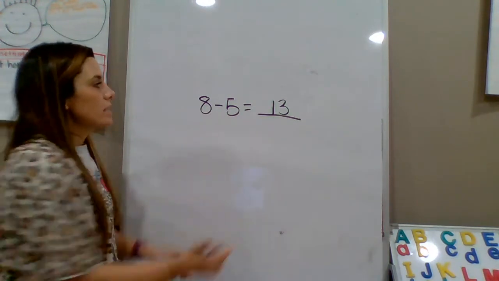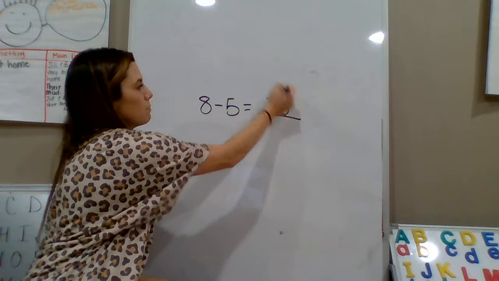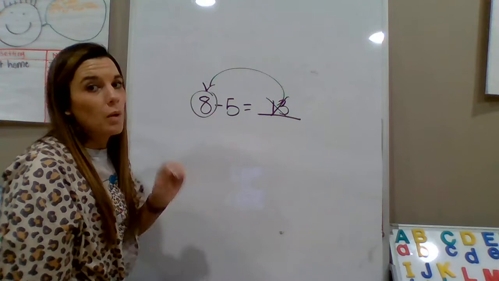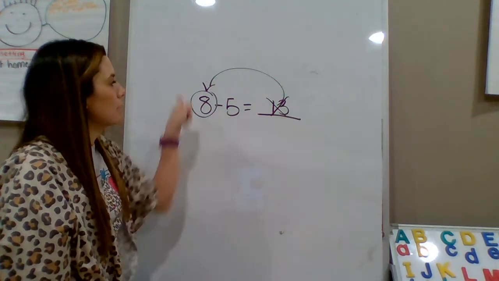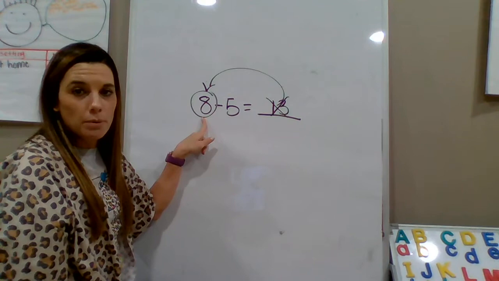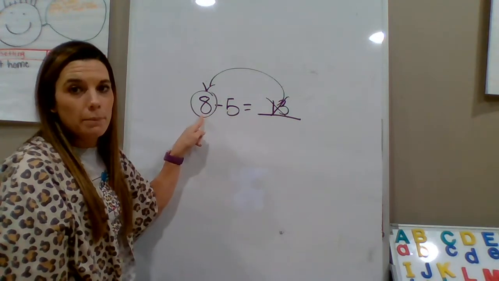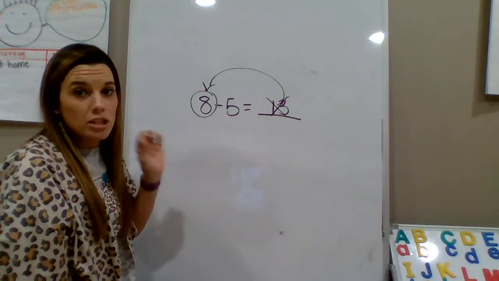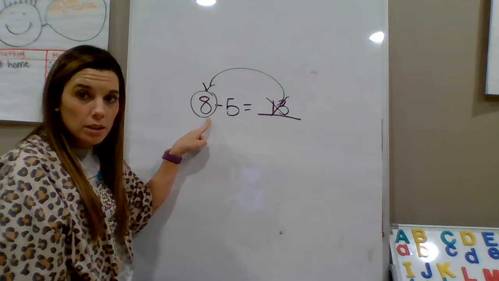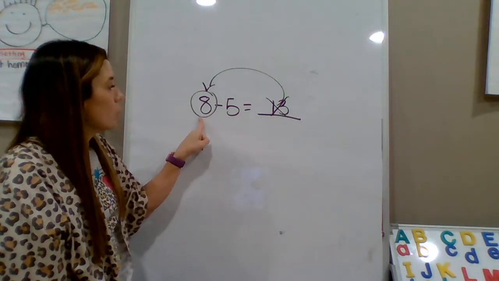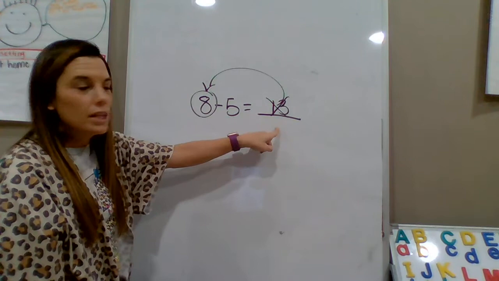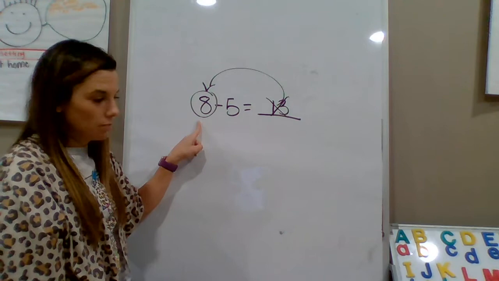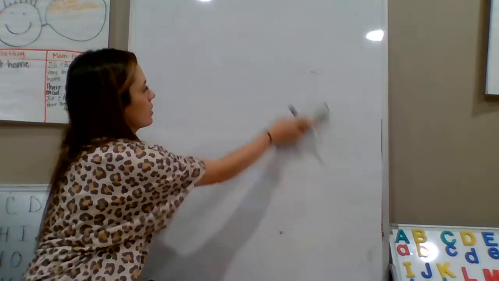When you're subtracting, your answer cannot be bigger than the first number in the problem, because we're subtracting to make this number smaller. It doesn't matter what problem it is. If it is a subtraction problem, that first number you are subtracting from will be the biggest number. So if you come up with an answer that's bigger than it, you should know that you did it wrong. When we subtract, we make our numbers smaller.